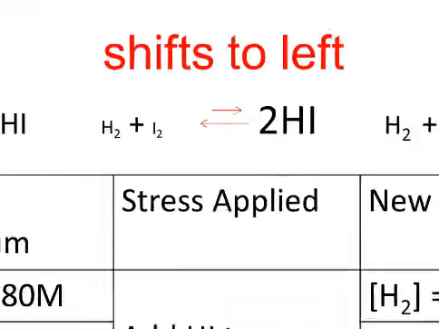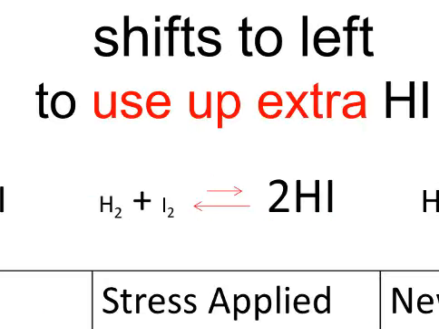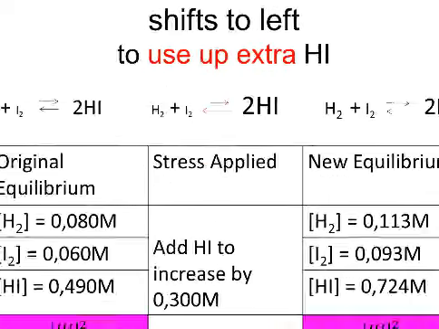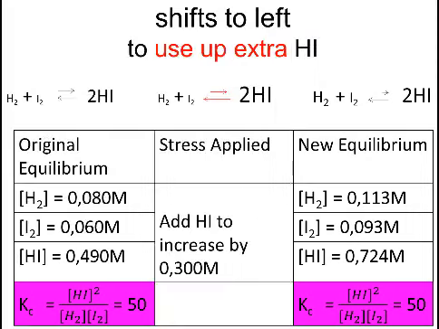It does that for a while, and that tends to counteract that increase in HI that was brought about by using up some of that introduced HI, hydrogen iodide. And then after a while a new equilibrium is established, and this has the same Kc value as before the disturbance.